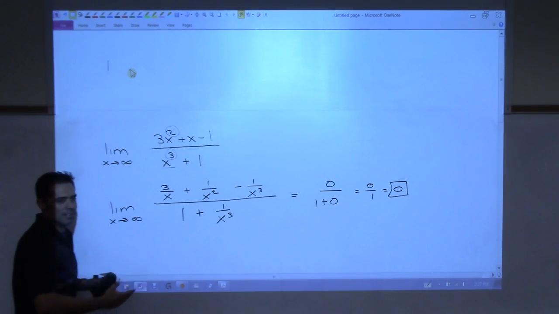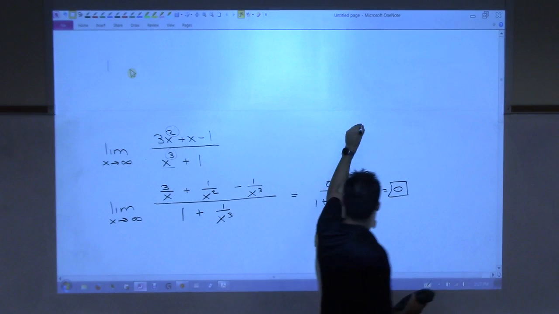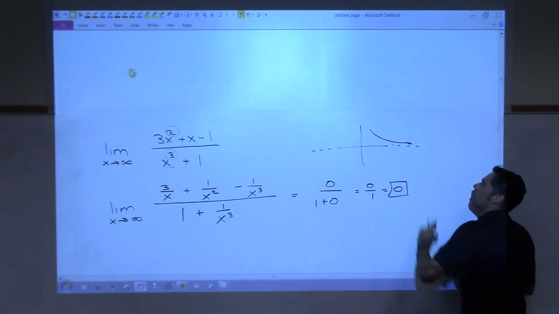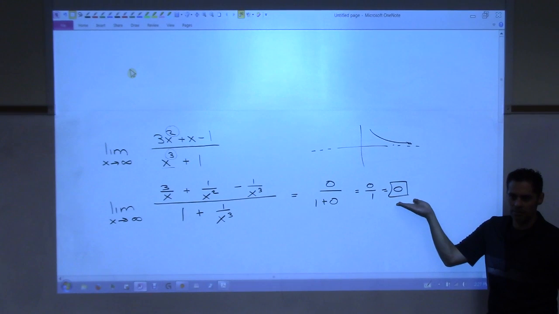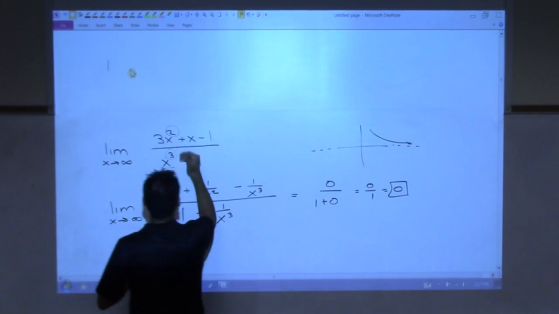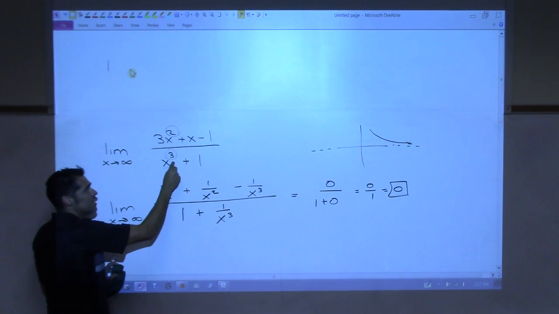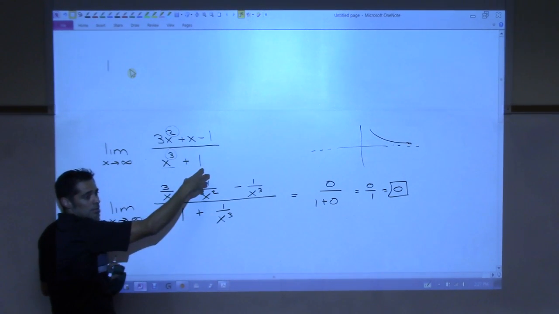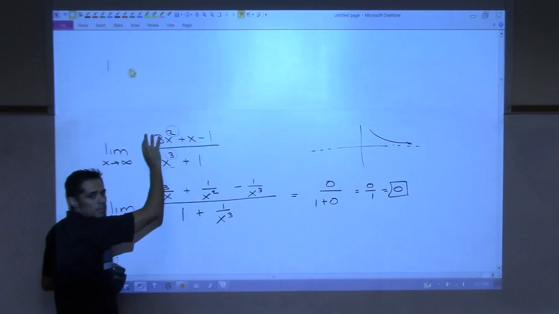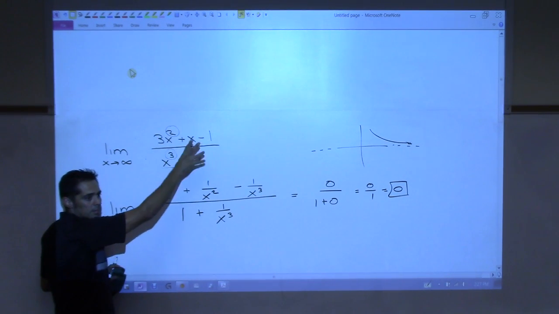Well, the x-axis is y equals 0, isn't it? So we would have known it would have come out like this. And that's exactly what we just got here. And any time you have a polynomial over a polynomial, if this degree is bigger than everything else, then when you divide by the x cubed, all the other ones are going to be fixed over infinity because they're all smaller.